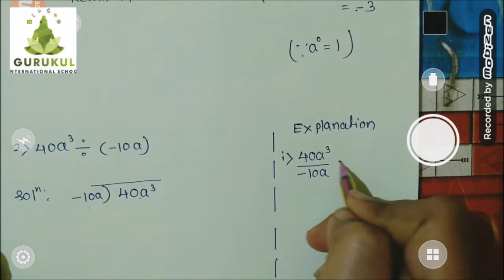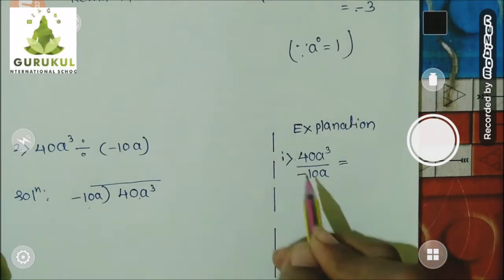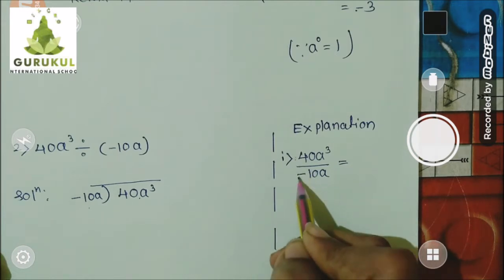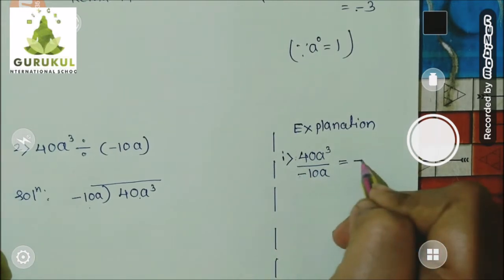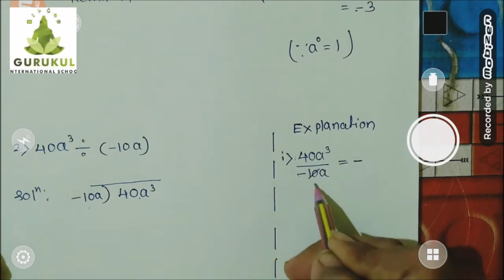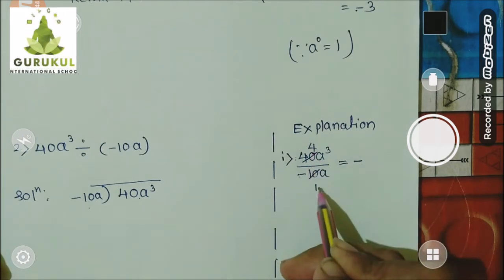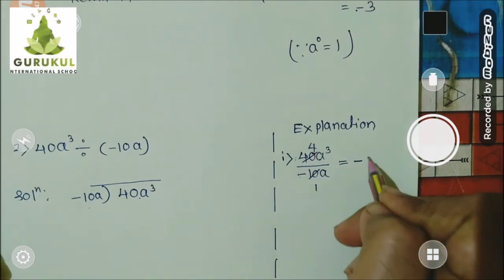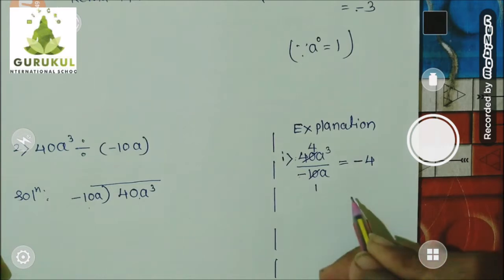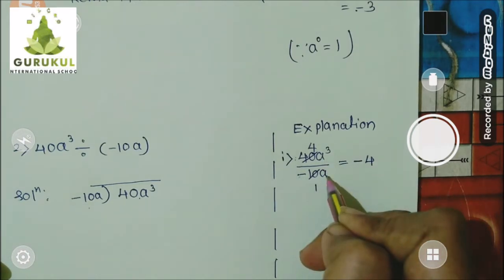Now you know very well what is the next step. First, sign upon sign. This is having plus sign, this is having minus. Plus into minus is minus. So the answer is minus. Then divide the numbers. 10 ones are 10, 10 fours are 40. So the final division is what? 4 upon 1, which I will write only as 4. Now division of variables.